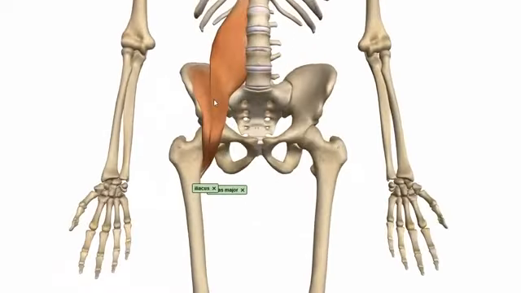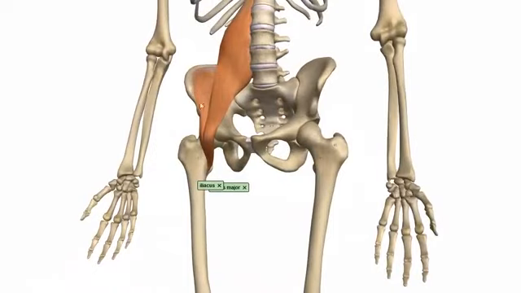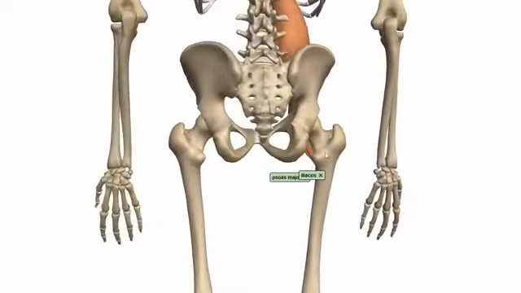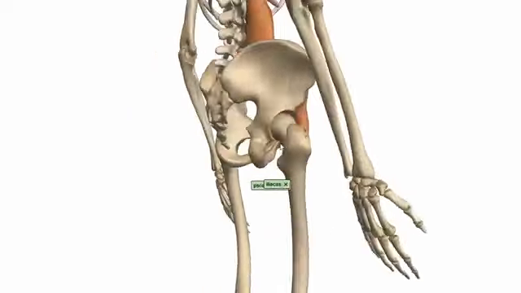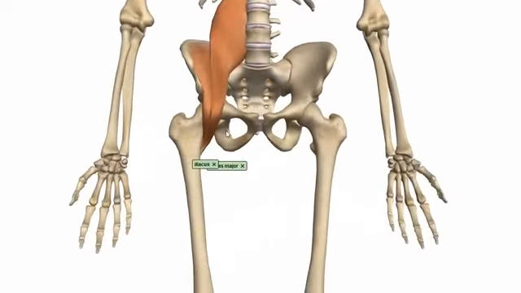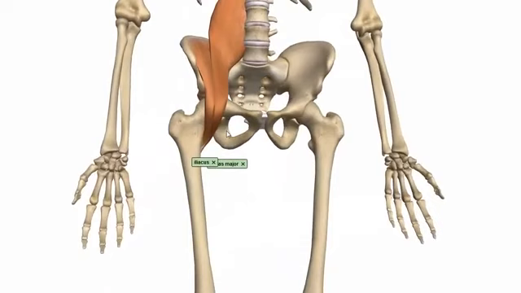The iliacus muscle sits in the iliac fossa, inserting in the same place on the lesser trochanter. These muscles flex the thigh at the hip joint.